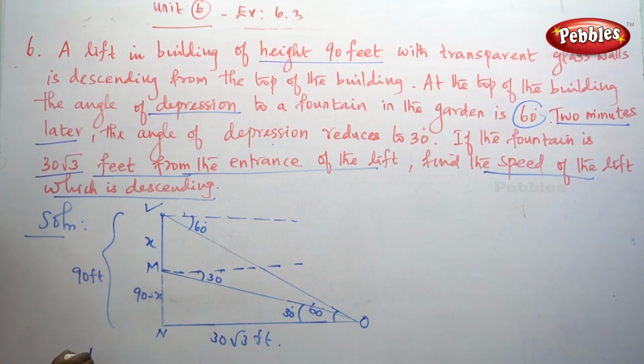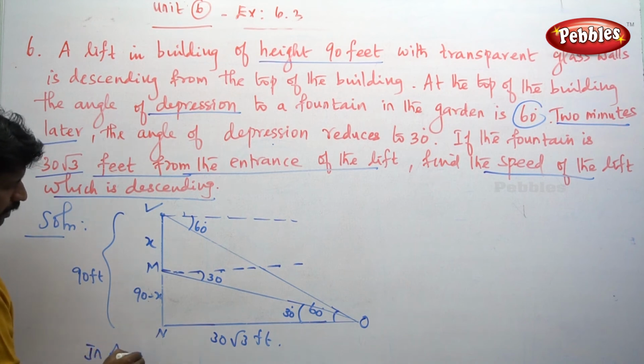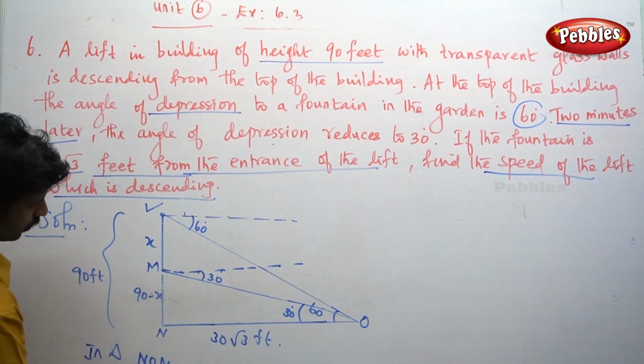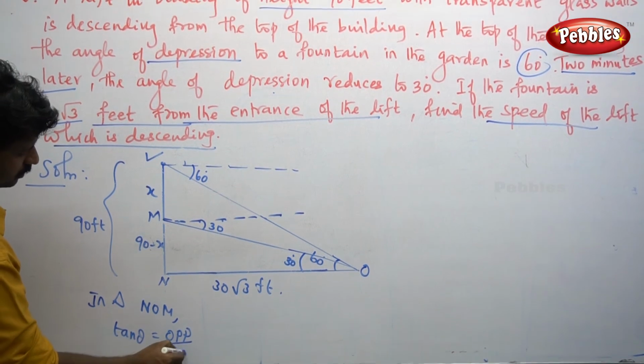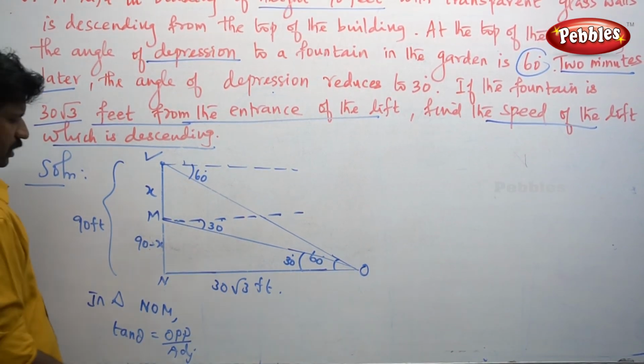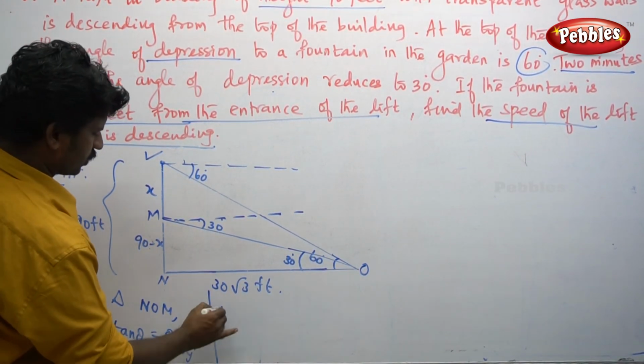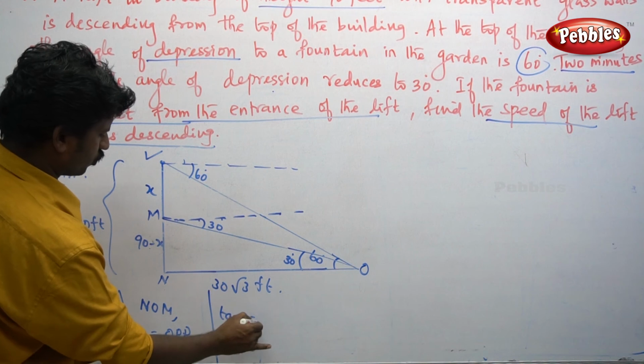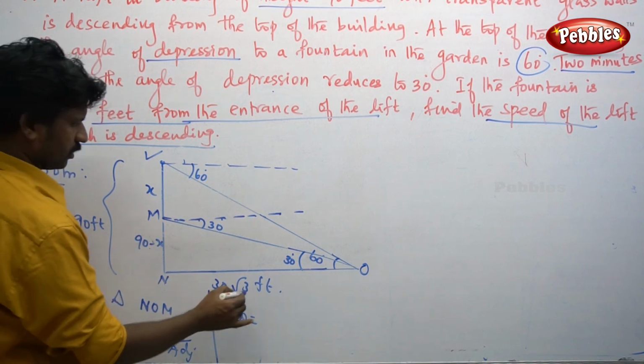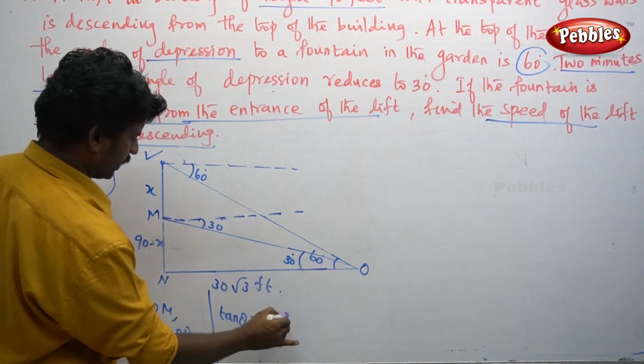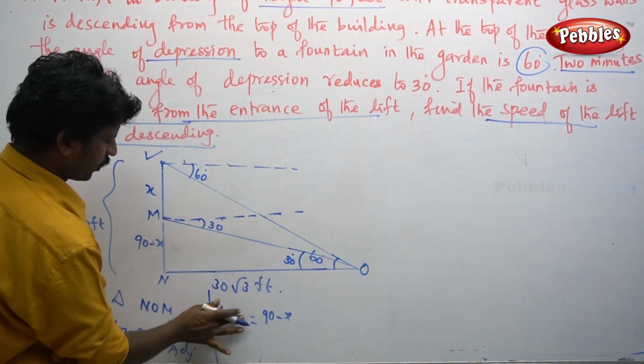So in the triangle NOM, here the tan theta is equal to the opposite by adjacent, right? So what is opposite here? The 90 minus x. Here theta substitute பண்ணலாம் இல்லையா?